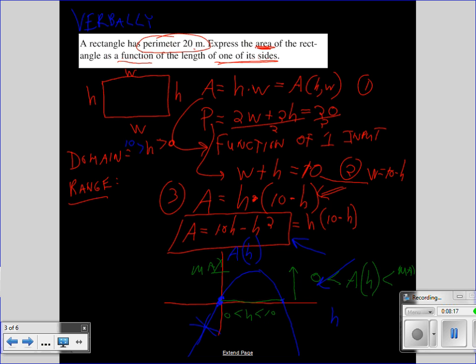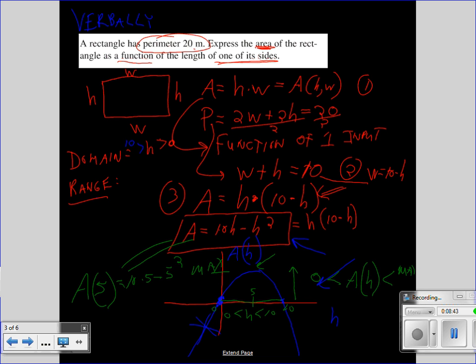We know if this is 10 and this is 0, we might know some properties that the max occurs symmetrically in the middle at 5. If I calculate then a of 5, I'm going to be equal to 10 times 5 minus 5 squared.